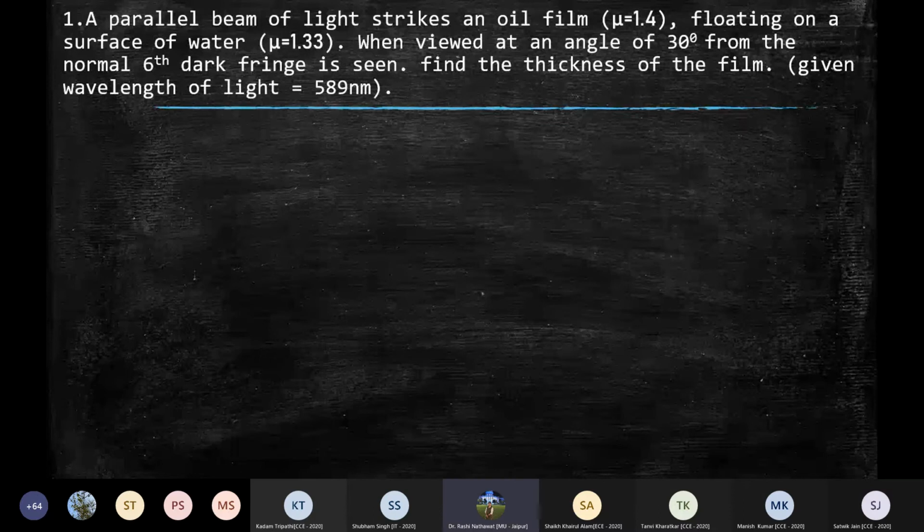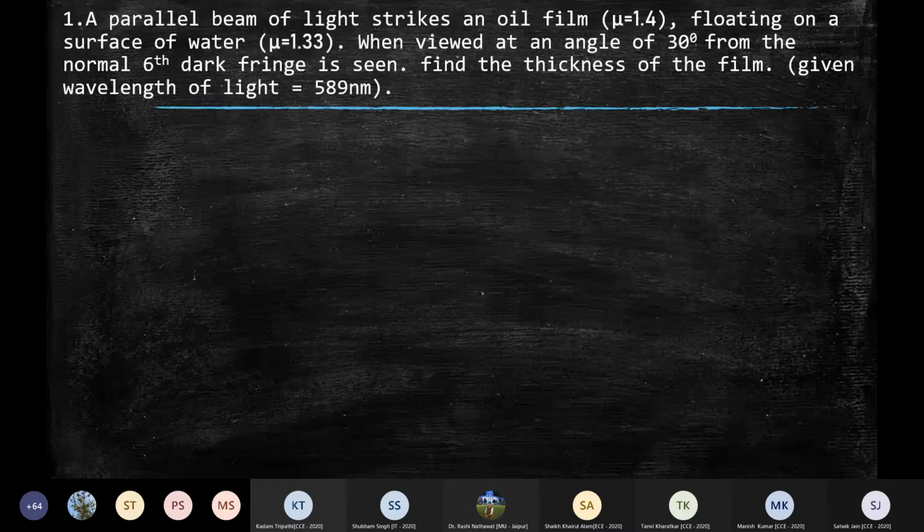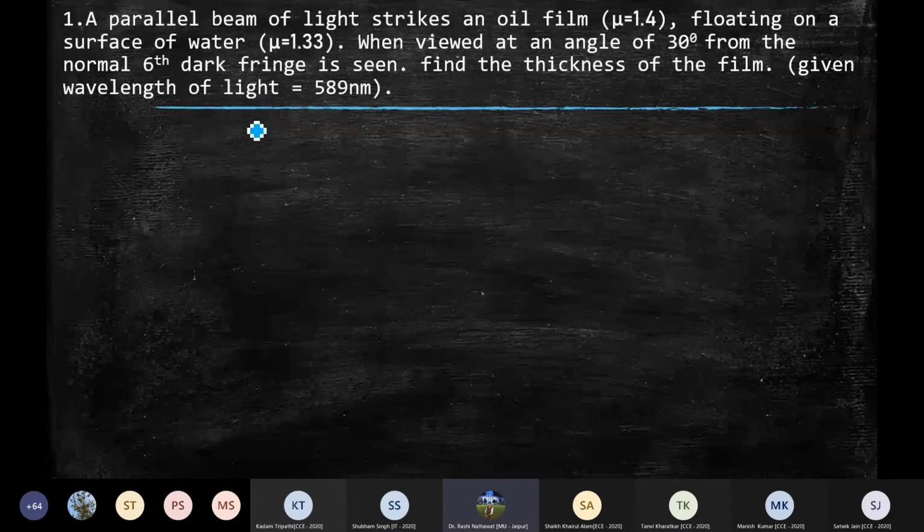All formulas with you. Let's see कितना समझ में आया आपको. Now I will ask by name.